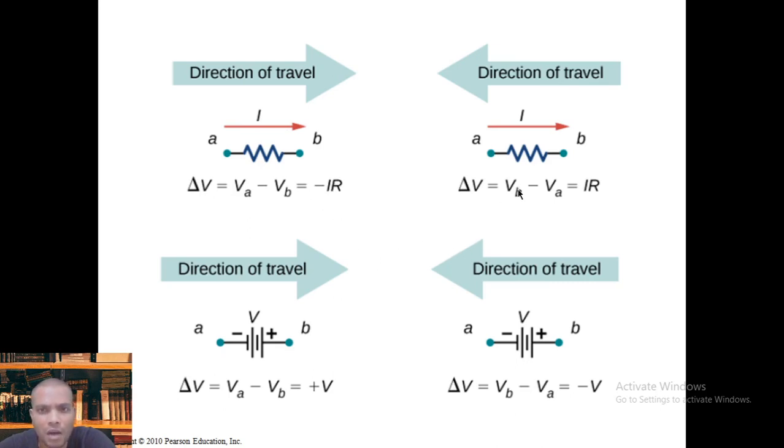Similarly, if they are opposite, if my direction of travel across the resistance and the current direction through the resistor are opposite, we consider that as positive, plus IR.